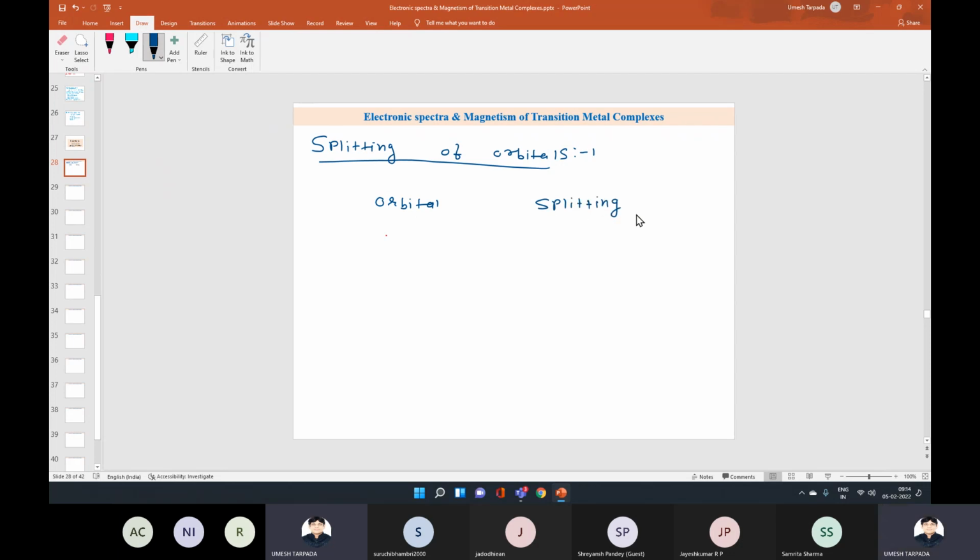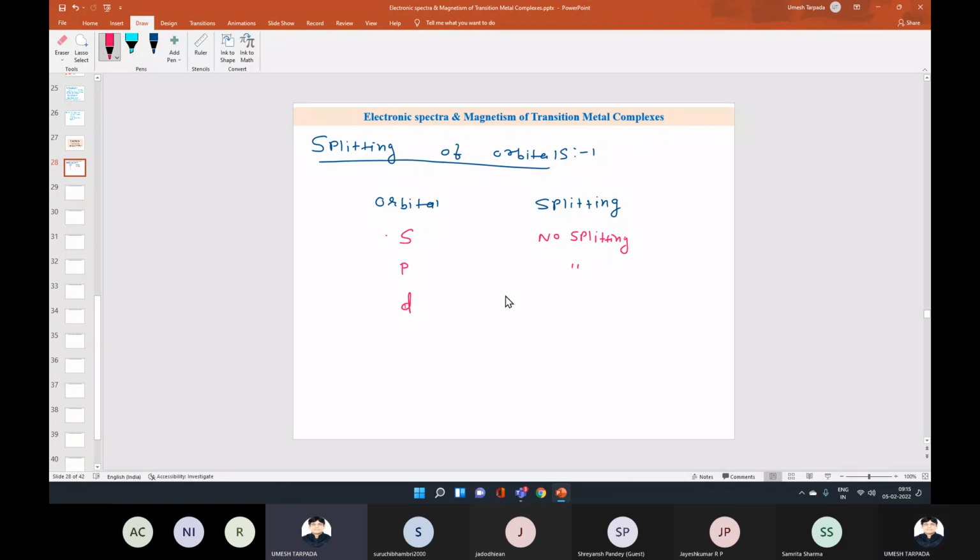An s orbital does not split into any orbitals. What about the p orbital? Also no splitting. But in the case of the d orbital, it is definitely split into two parts.